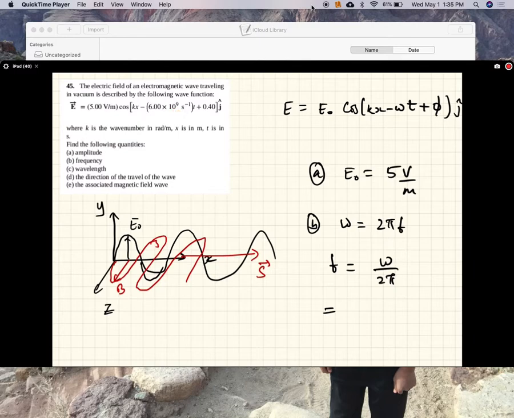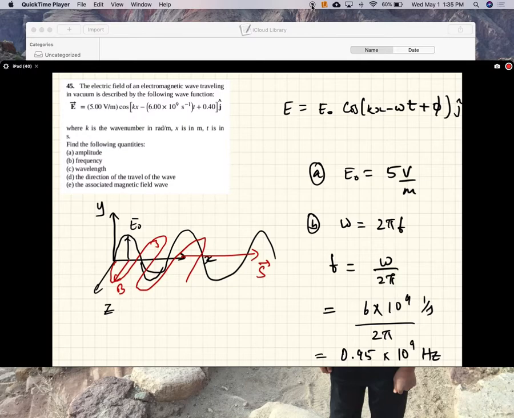So 6 times 10 to the 9 radians per second divided by 2 pi is 0.95 times 10 to the 9 hertz. One over second is hertz.